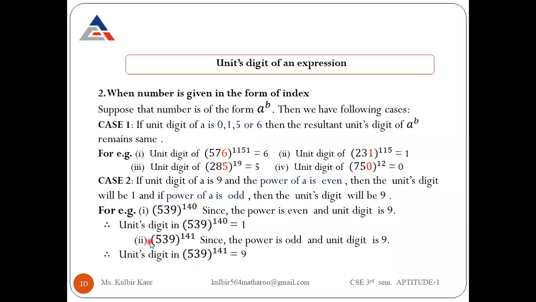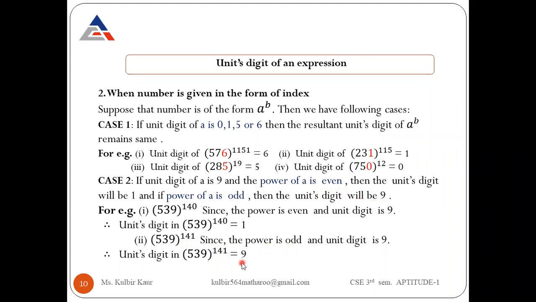Now let us move to the second part of this example. 539 raised to power 141. Again, what is our unit digit? This is equal to 9. What is the power? This is equal to 141, which is an odd number. When power is odd, then what will be the answer? The resultant unit digit will always be equal to 9.